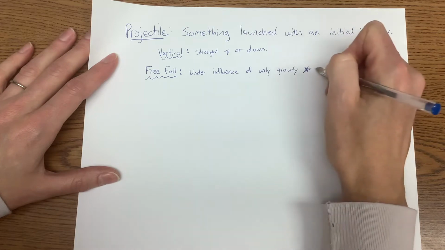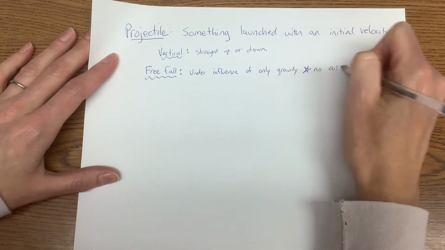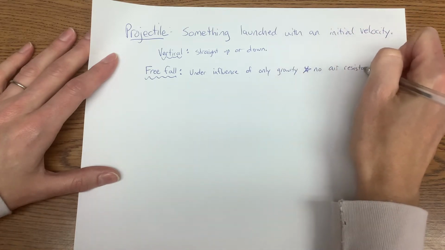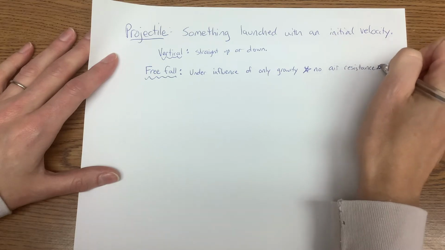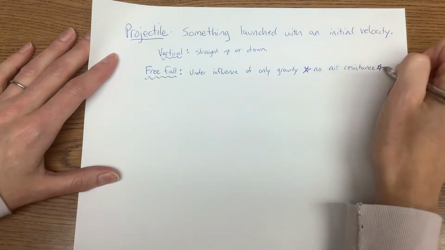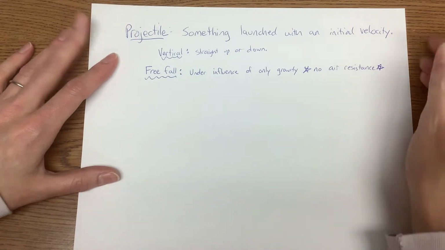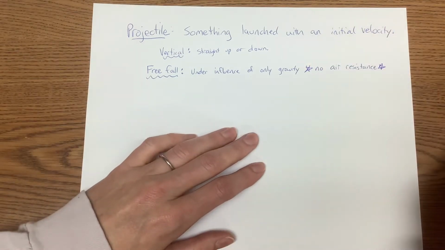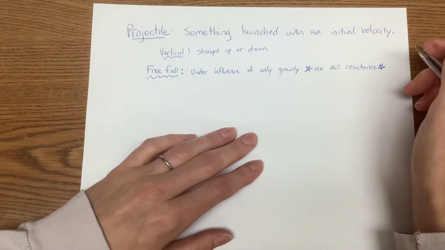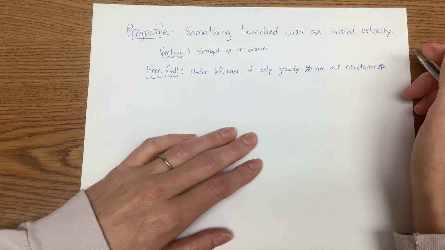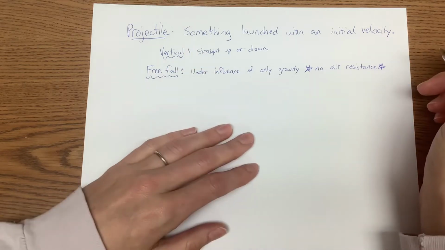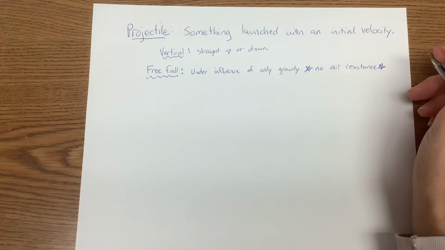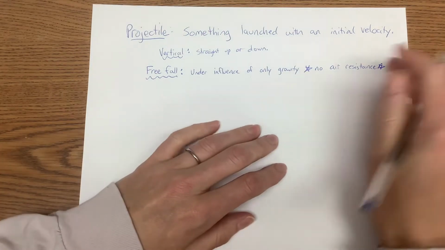And that means that there is no air resistance. In reality, this never happens, at least not on Earth. You have to go out into space in order for there to be no air resistance, because there aren't any places on Earth where there is no air, except a vacuum chamber. And even in a vacuum chamber, there's a little tiny bit of air. So this never actually happens.